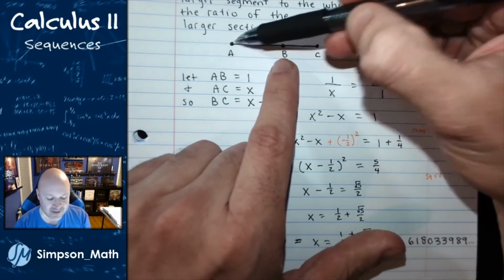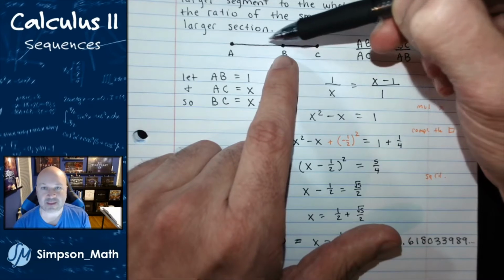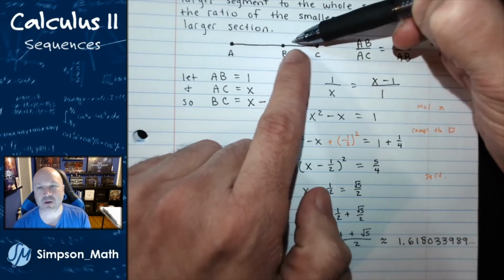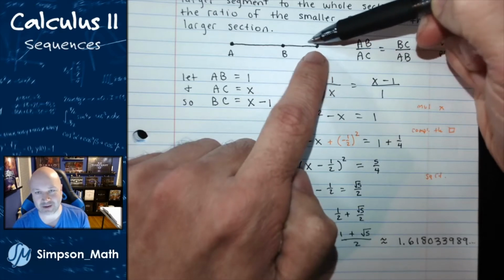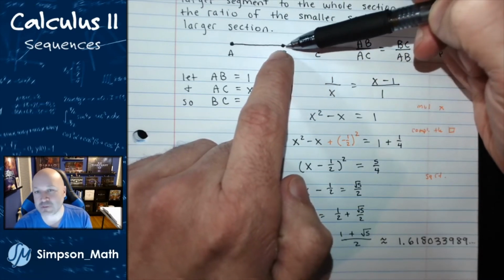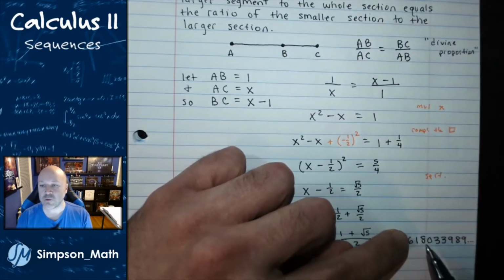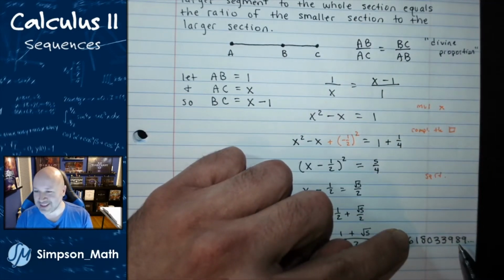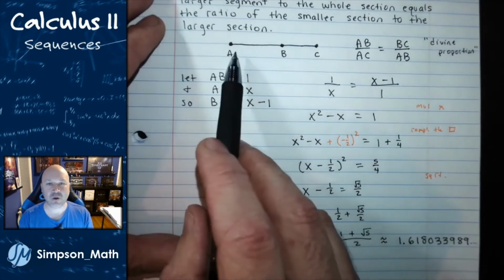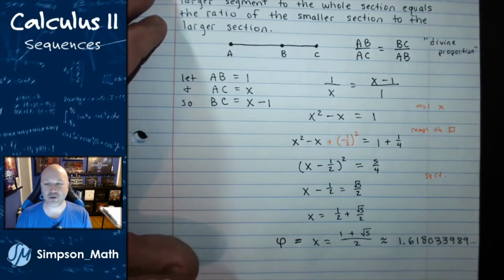So if AC were 1, this distance here is about 0.61, making this 0.39 or whatever. So that golden ratio of 0.6, sometimes you'll see it as 0.6180333 la la la, or sometimes you'll see it as 1.6. It kind of depends on how you're talking about the golden ratio.